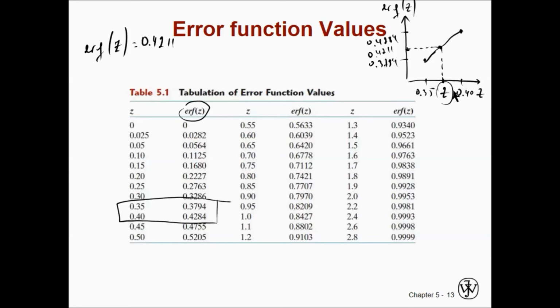We will use interpolation. If I write this down over here, when z is 0.35, the value is 0.3794, and when z is 0.40, it is 0.4284.